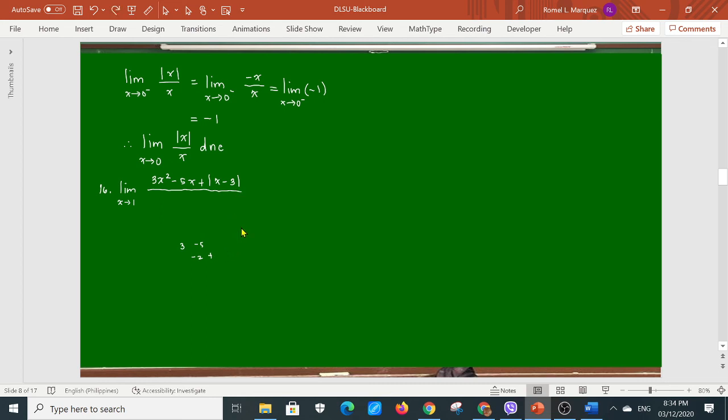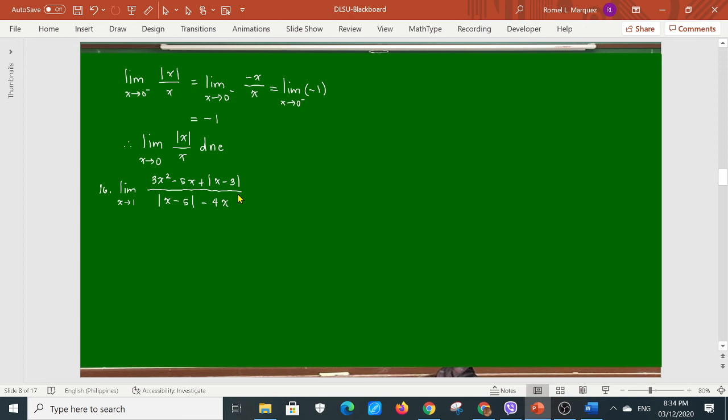So that's the numerator. The denominator, I want to be absolute value of x minus 5, minus 4x.